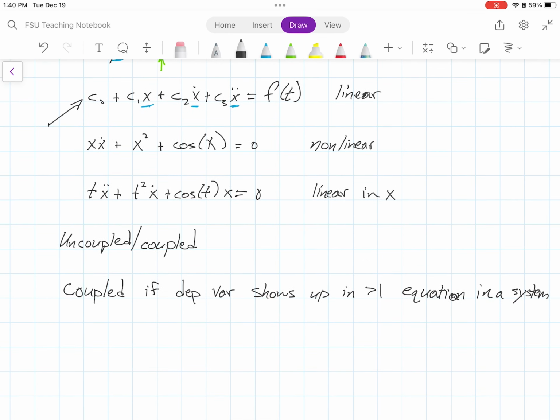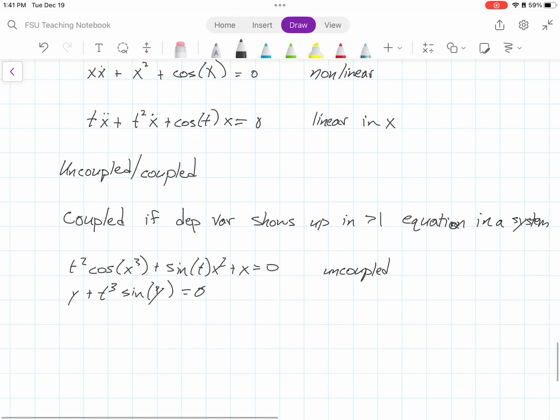So if we have something along the lines of t squared cosine of x cubed plus sine of t x squared plus x equals 0, and in that same system we have y plus t cubed sine of y equals 0, this is an uncoupled system.